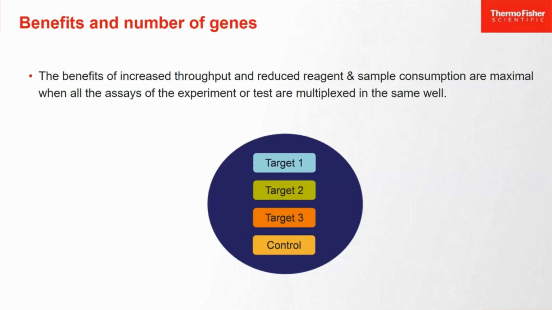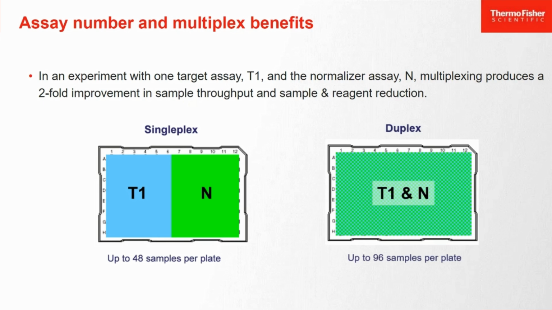Also, the next benefits I'll be talking about, increased throughput and reduced reagent and sample consumption, have to do with the number of targets that are in the multiplex. The more targets you have, the greater the benefit. One of the points I want to bring out, though, is what happens if you have more targets than are in the multiplex.